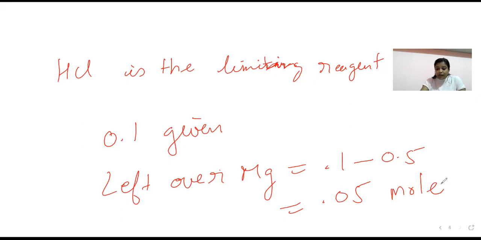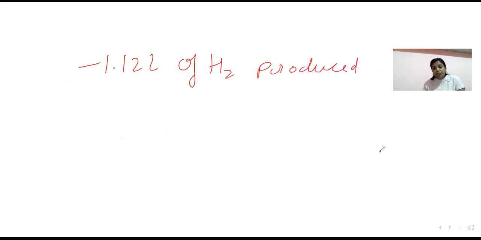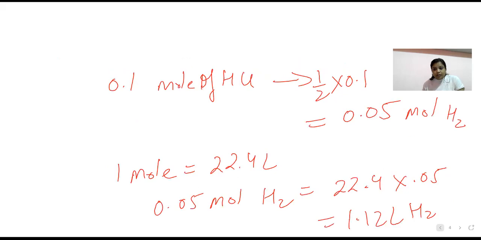Now let us move back to the question and see which options are wrong. Option A says that 1.12 liters of hydrogen is produced. Correct, we have just now solved it. Just see, this is the amount of hydrogen produced.